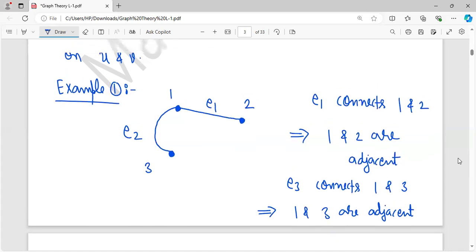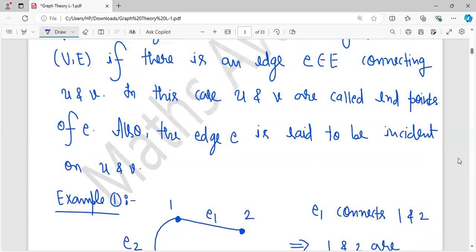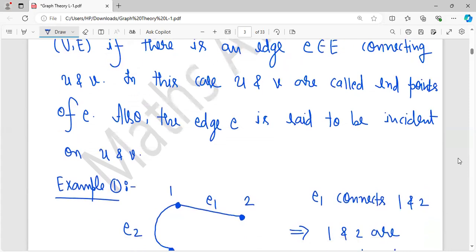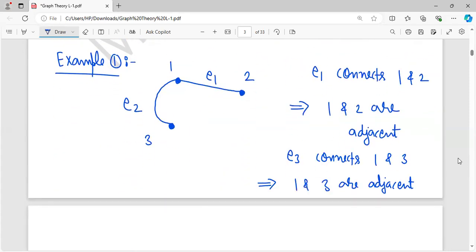E1 is incident on 1 and 2. E2 is incident on 1 and 3.